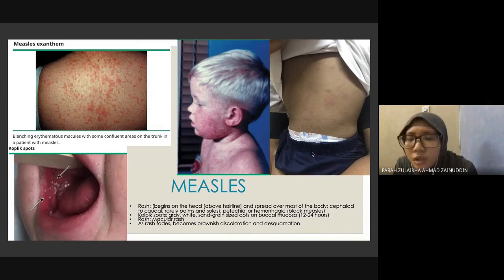However, I would like to draw your attention to this picture over here. This picture is actually of a real patient that I saw during my family medicine posting. This patient is, if I'm not mistaken, a 2 to 3 year old boy who came in with a history of the 3Cs as well as rash.